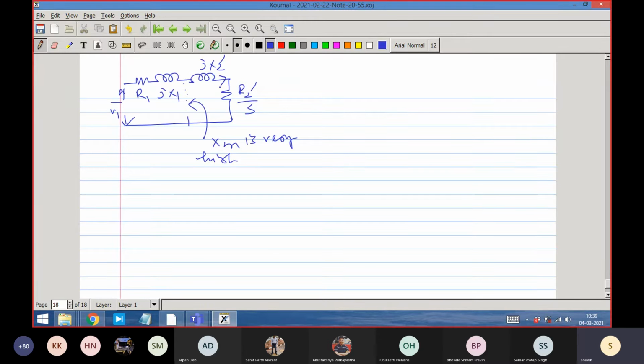So then the current I2 dash. Let me first write this without approximation. Without approximation, it is equal to VS Thevenin divided by square root of RE plus R2 dash by S square plus XE plus X2 dash square.